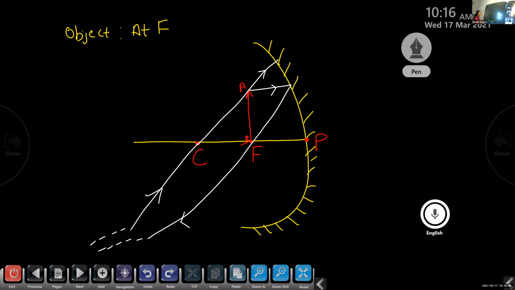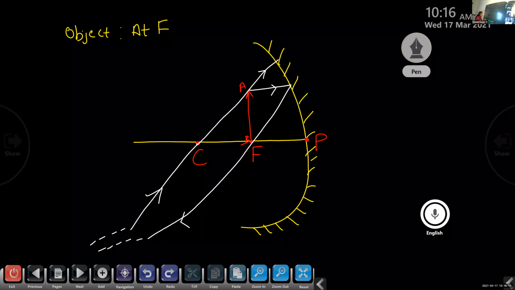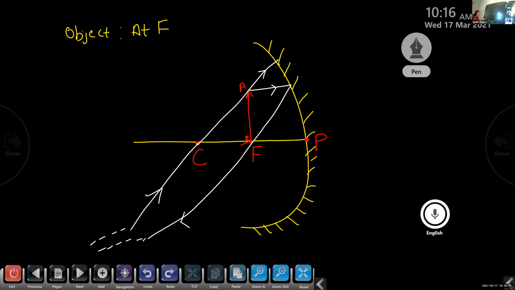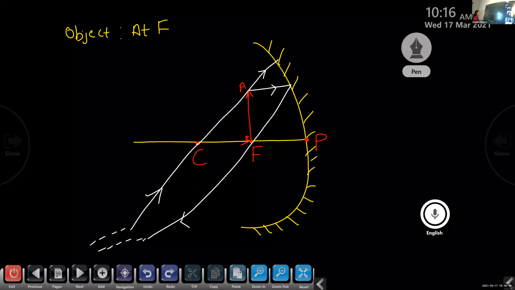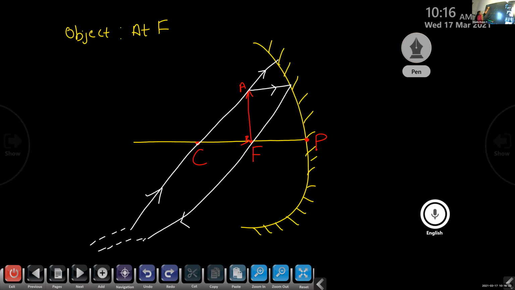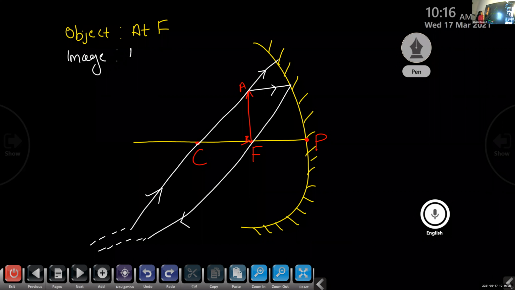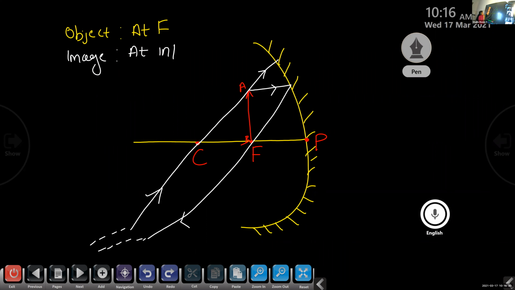You don't need to draw an arrow. You just draw dotted lines to show the image is formed at infinity. So if the object is at F, the image is formed at infinity.